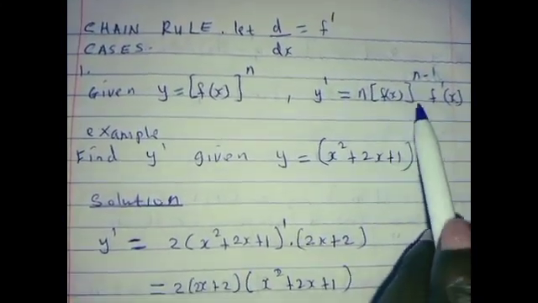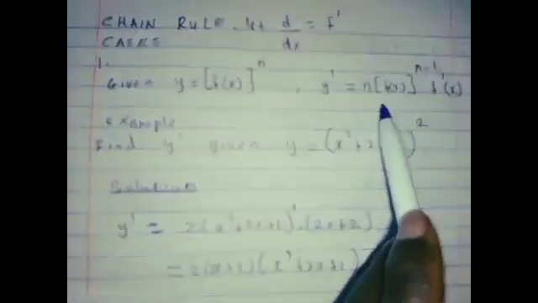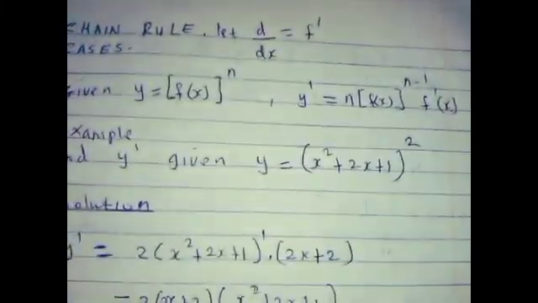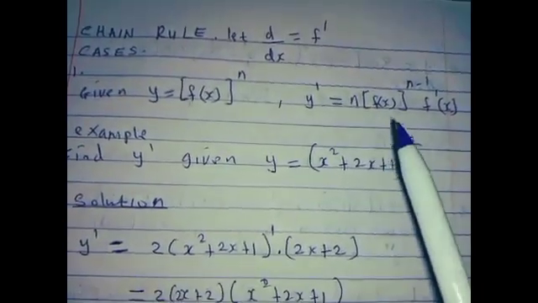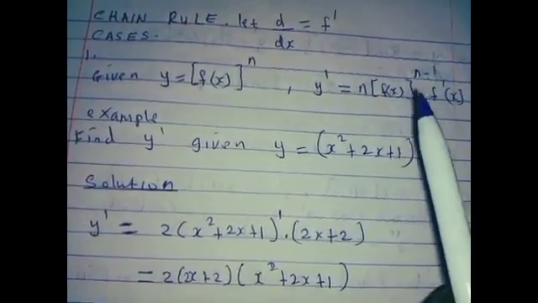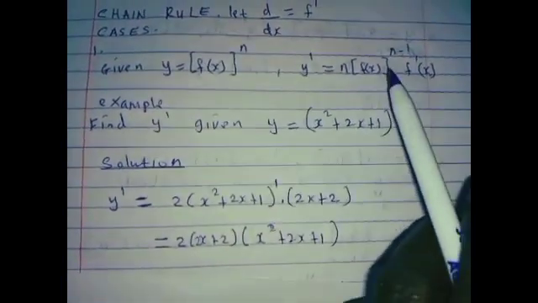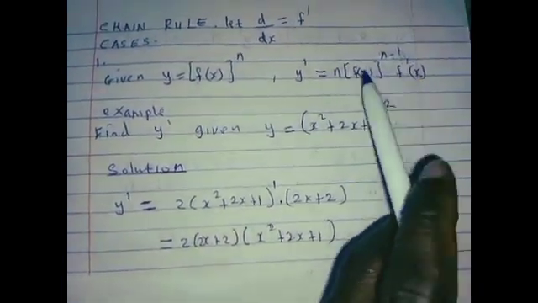Then from there, you differentiate the inner function and multiply by the result, f prime of x.